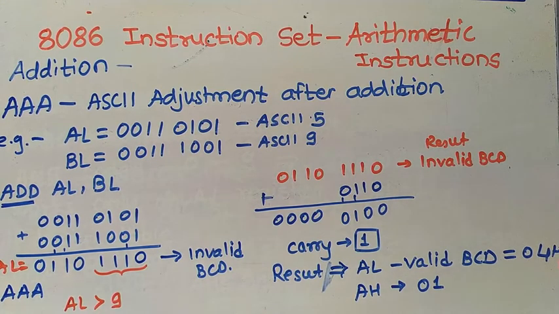That means the carry is stored in the AH register. In this way, after addition, the AAA instruction is used for making our result a correct BCD format.